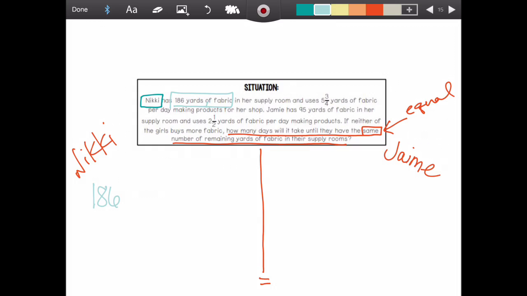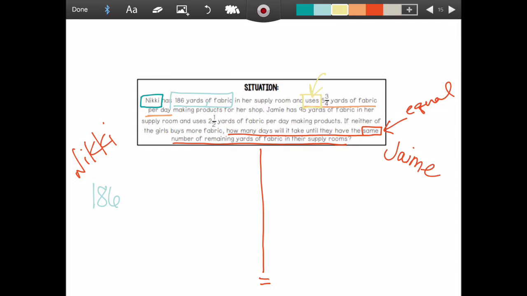Okay, then it says she uses 5 3/4 yards of fabric per day. Now again, guys, if we're wanting to choose the operation, we have to read the vocabulary. Here the key word is that she uses. Think about it.